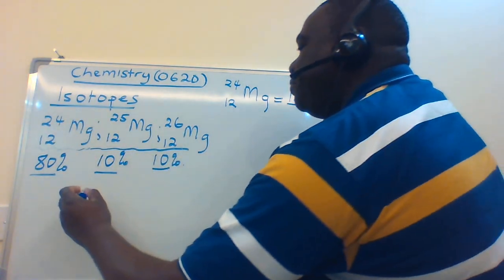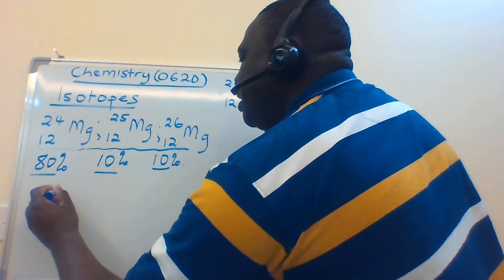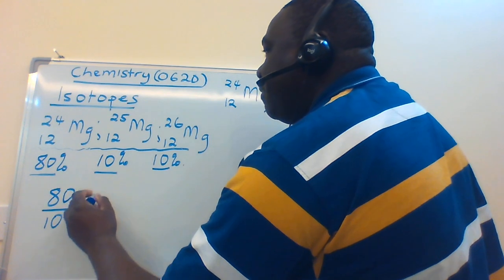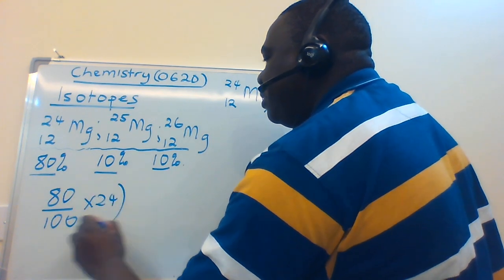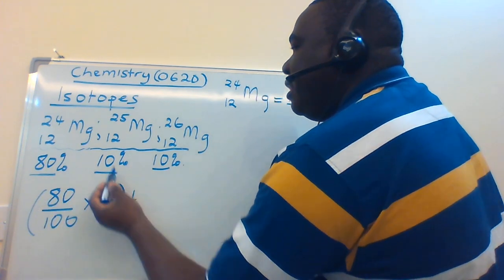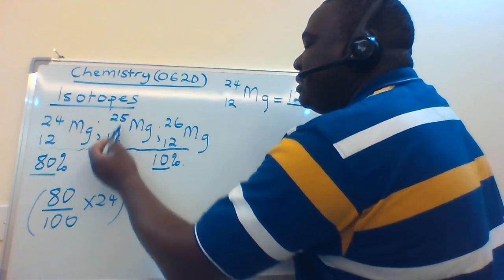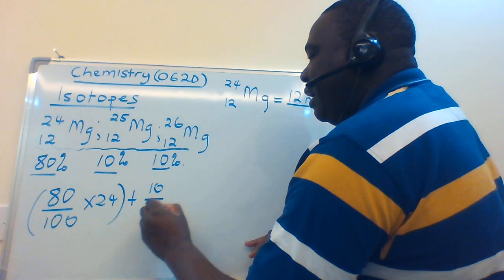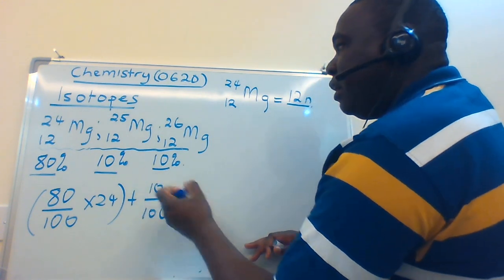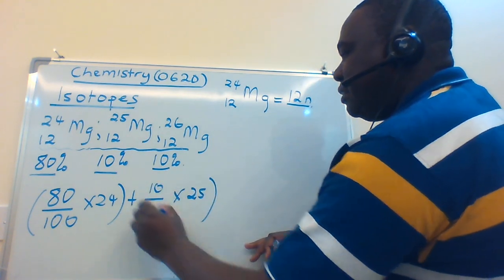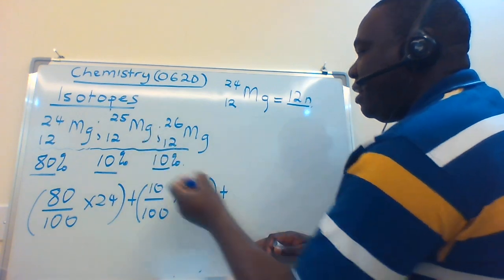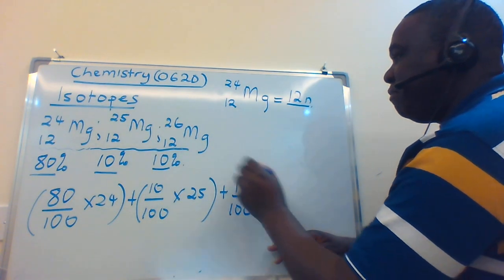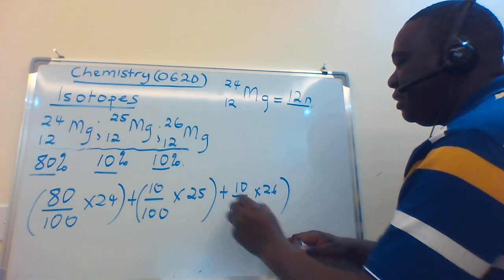What you simply do is this procedure: you say 80 out of 100 multiplied by 24, you close your bracket here, and then you say, okay, magnesium mass number 25 is 10%. So I'm going to say 10 over 100 times 25, and I close the bracket, and again, you're going to say 10% of the population is magnesium 26, found in nature.